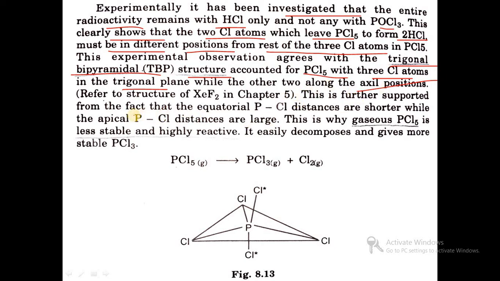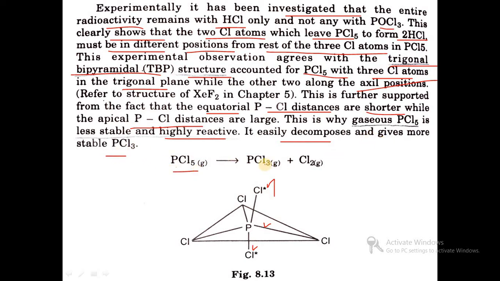This is further supported by the fact that the equatorial P-Cl distances are shorter as compared to the axial or apical P-Cl distances. The axial distance is larger, but the equatorial ones are smaller. This is why PCl5, which is less stable and highly reactive in nature, easily decomposes and gives the more stable PCl3.